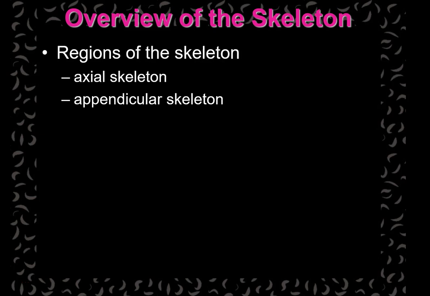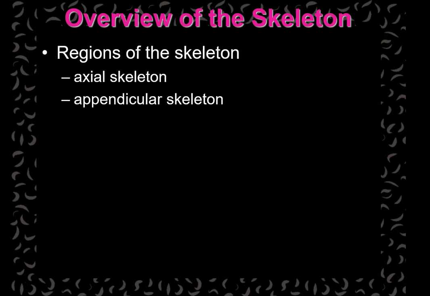Axial, axis, everything around the center. Appendicular, think appendages. At times one of the multiple choice questions would give you a bone, and they'd ask you, is this part of the axial skeleton or appendicular skeleton? So most of those you could figure out. If it has to do with protecting something, it's down the center, it's axial.